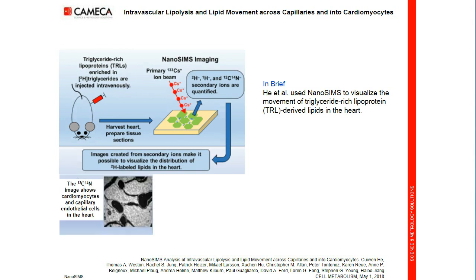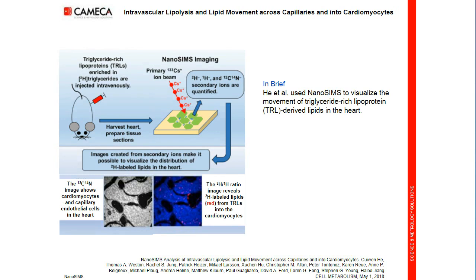So CN- images are used for the histology, showing the cardiomyocyte and capillary endothelial cells in the heart, while the deuterium over hydrogen ratio images reveal the deuterium-labeled lipids from the TRL into the cardiomyocytes.